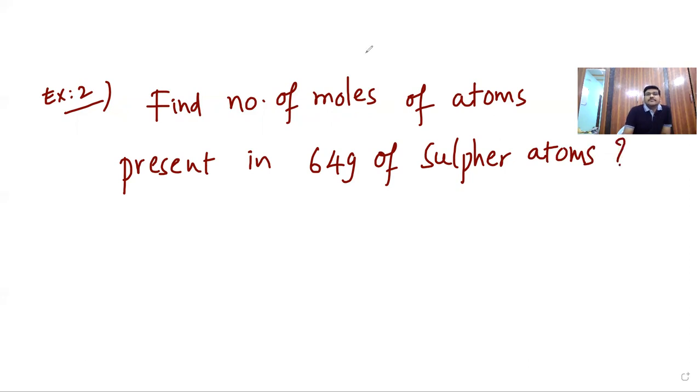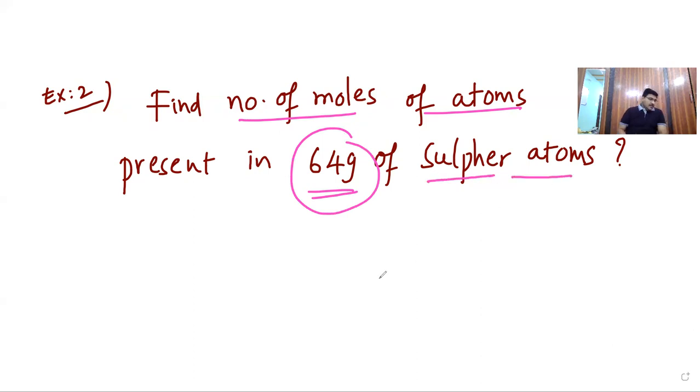This is the question. Find the number of moles of atoms present in the 64 grams of sulfur atoms. Sulfur is denoted by S. The letter is S, you know very well.